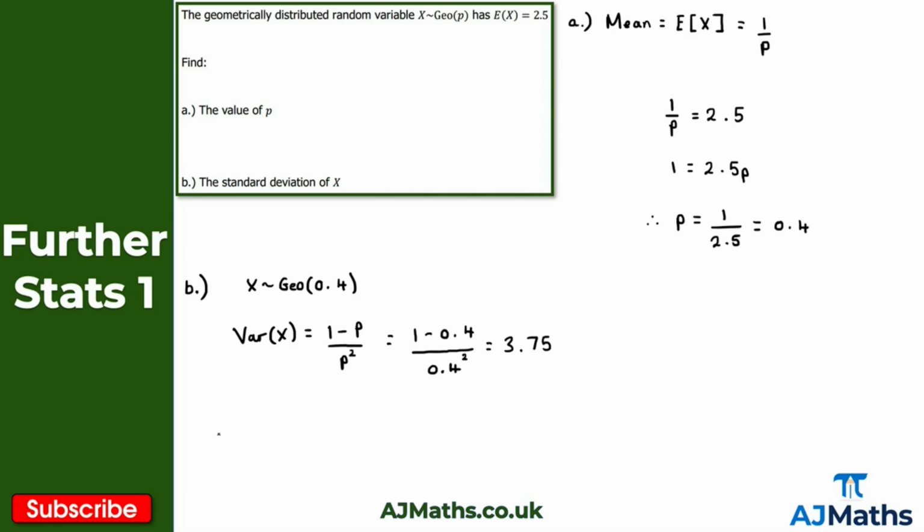Okay, so let's just write this down here. Standard deviation is equal to the square root of the variance of x. In that case here, we're going to take the square root of 3.75.